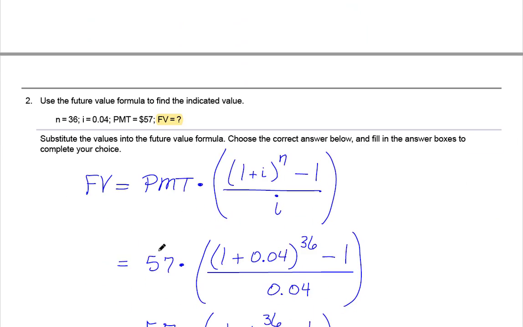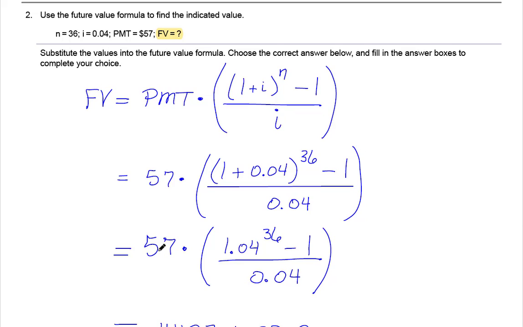All right, in question 2, we want to use the future value formula to figure out how much we're going to have at a future time. Well, what's going on? We have a payment, that's this PMT, so we're going to make $57 payments. The interest rate, I, is 0.04.